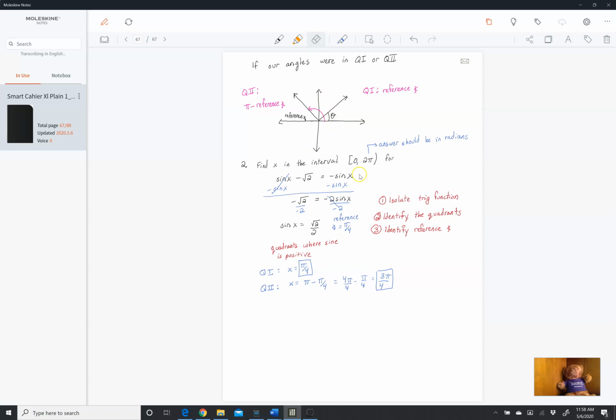There's a bracket before the 0 because you're including 0 radians. You're not including 2 pi radians, because 0 and 2 pi give you the same answer. You're right back where you were when you're at 2 pi. You don't want to repeat. So there's a parenthesis here because 0 and 2 pi are the same and you don't want any repetition.